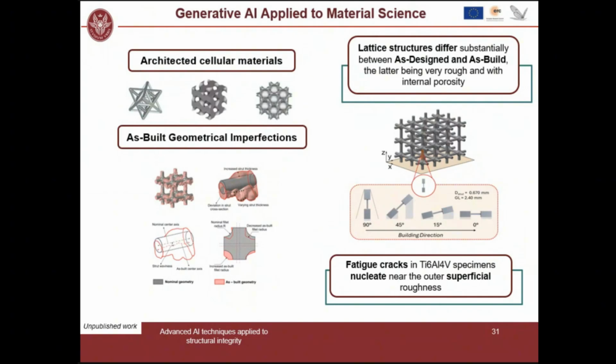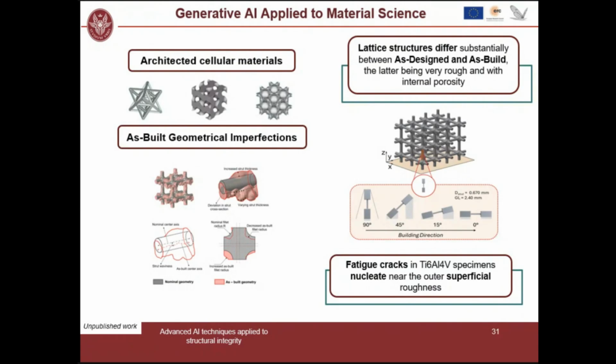But they have a very huge problem, if I can say so, which is that the topology that we design in our CAD software is very different from the topology that we encounter after we print the piece. Because of course, we will have a lot of roughness, a lot of defects inside the specimen itself, for example, some lack of fusion regions.